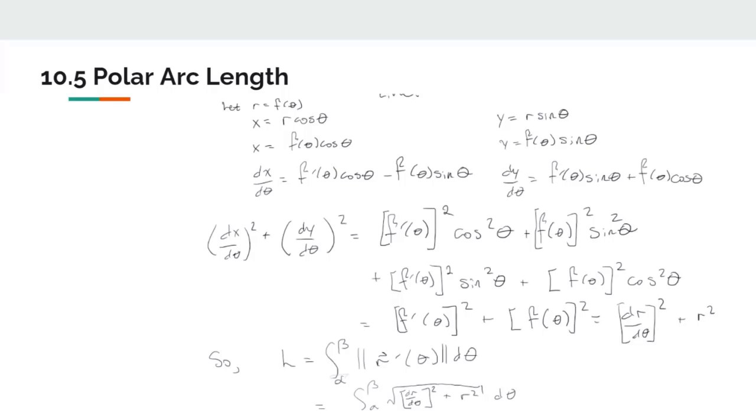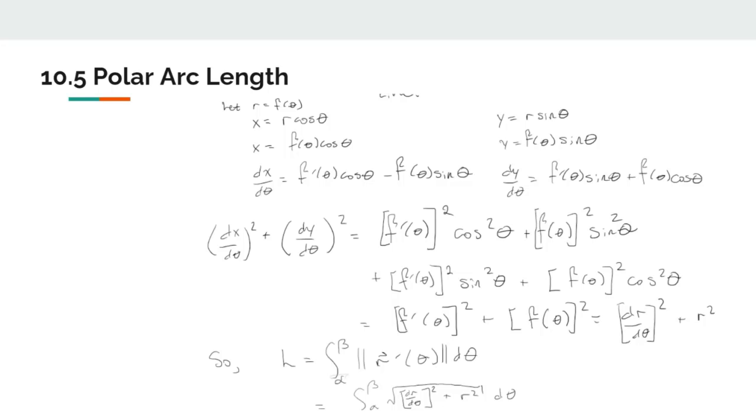That's important because from earlier in this calculus sequence, we got a formula for parametric arc length. I think it's in chapter 10 of Stewart's calculus, the textbook for this class. I think that's the textbook.